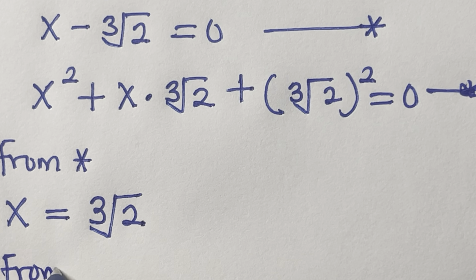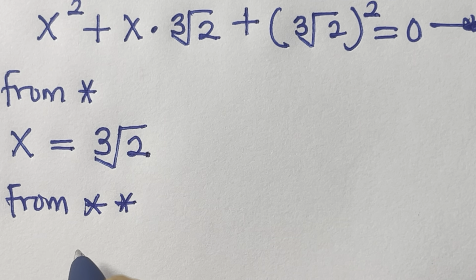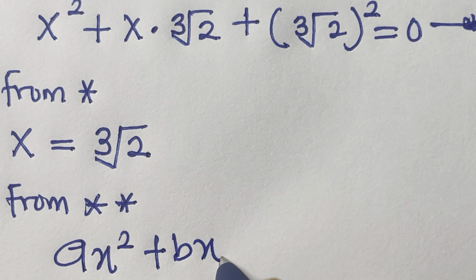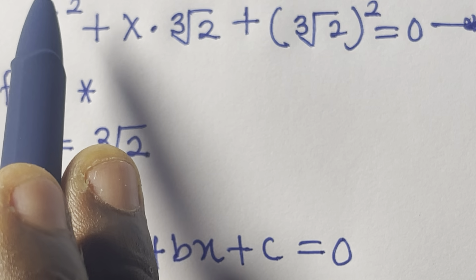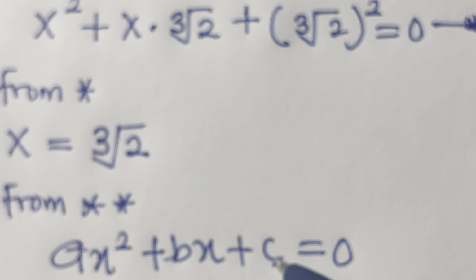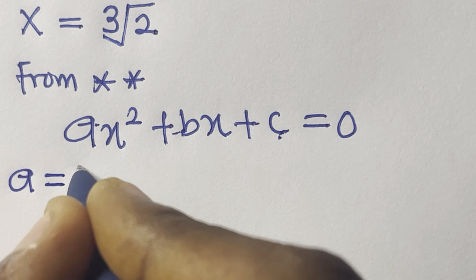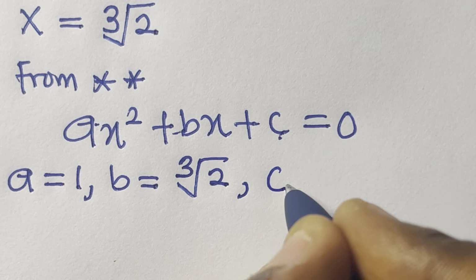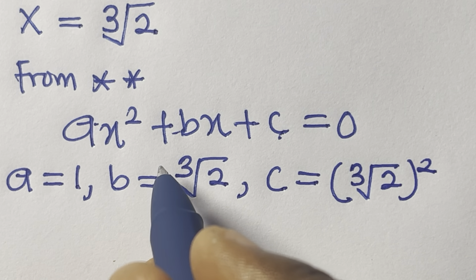However, from our equation star star, let's compare it with the general form of quadratic equation, ax squared plus bx plus c equals 0, which implies that a, the coefficient of x squared, is 1, b, the coefficient of x, is cube root of 2, and c, our constant, is cube root of 2 squared. All right, so we want to solve this quadratically.